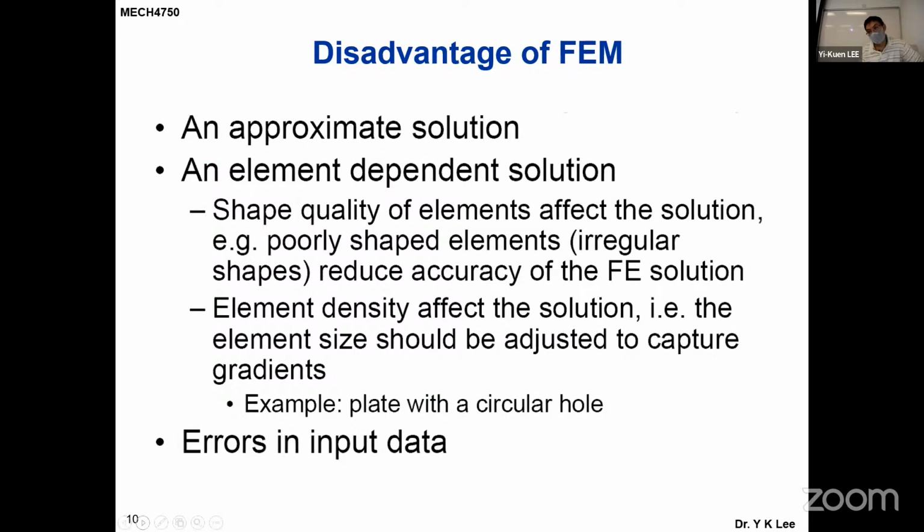Of course, there's no perfect method, right? In general, this is an approximation of the real continuum model. The second problem is element-dependent solution.